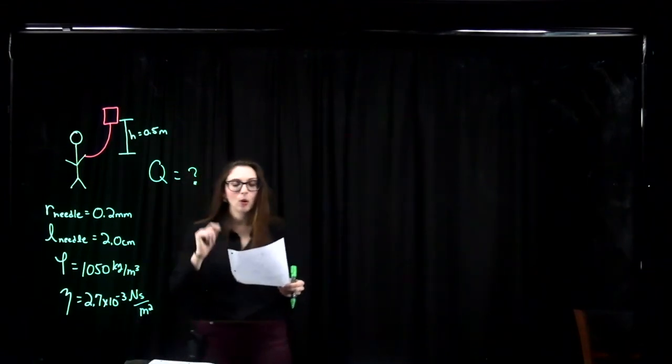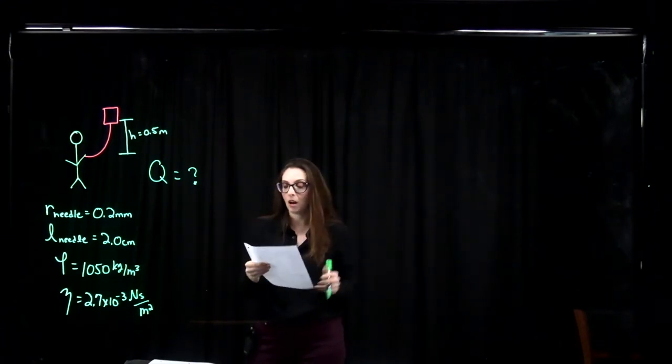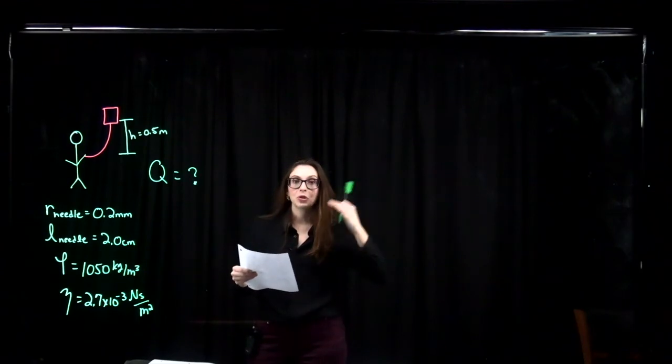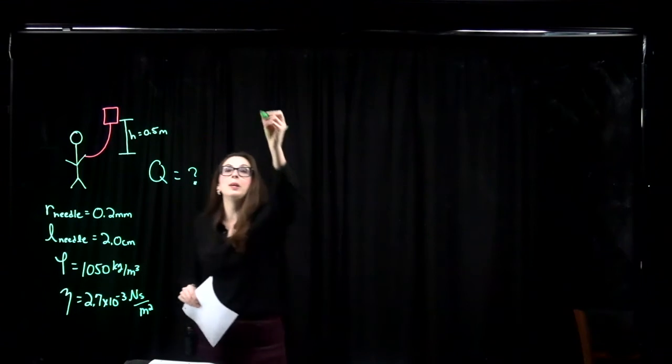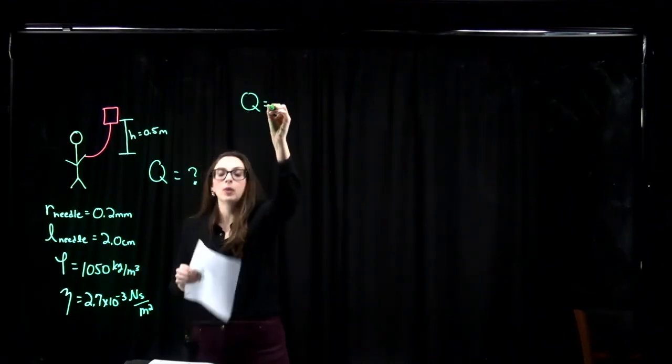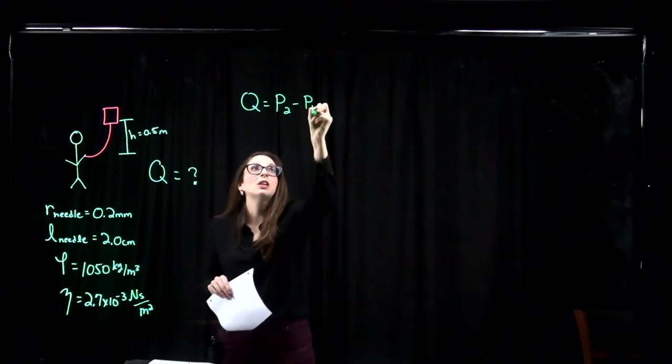Okay, so in order to solve this problem, we can use the equation that we just saw, which was showing us how to find the flow rate in a viscous fluid. And that flow rate is going to equal the difference in pressure.